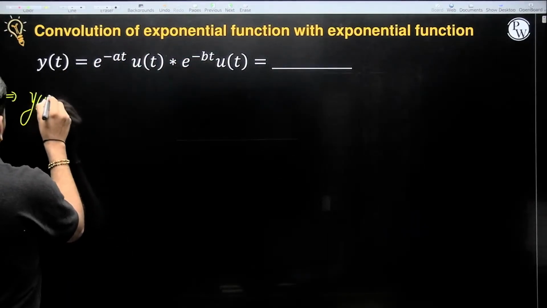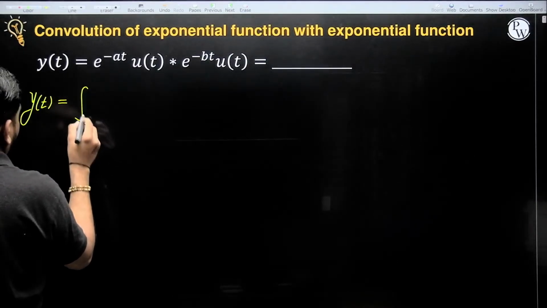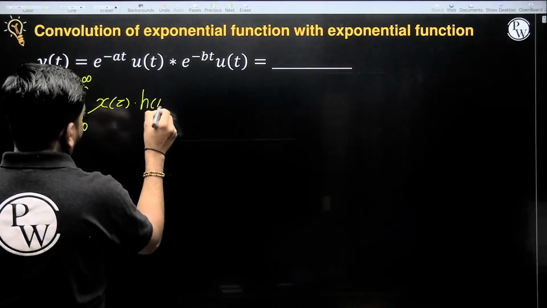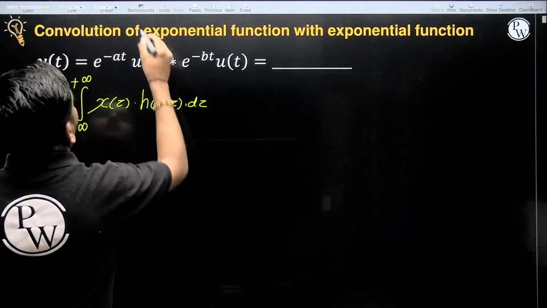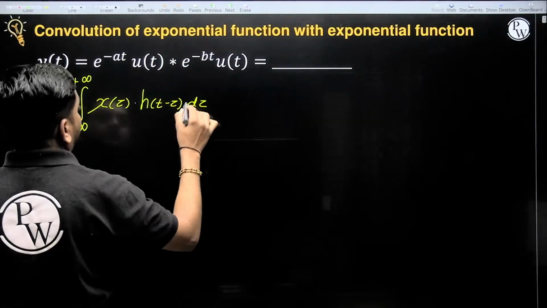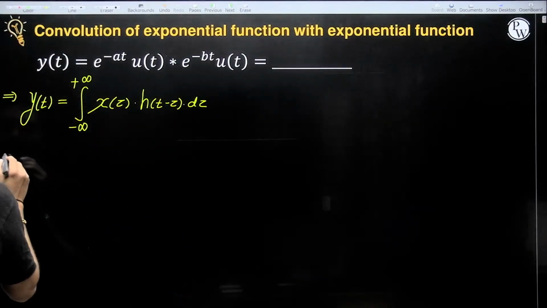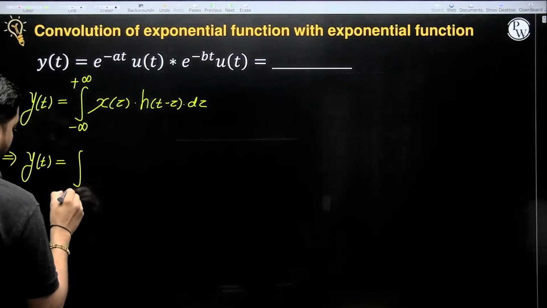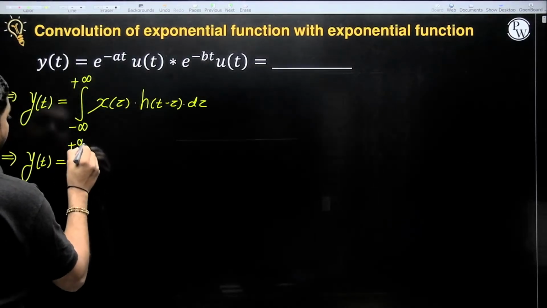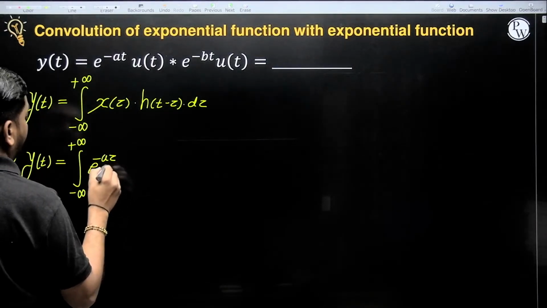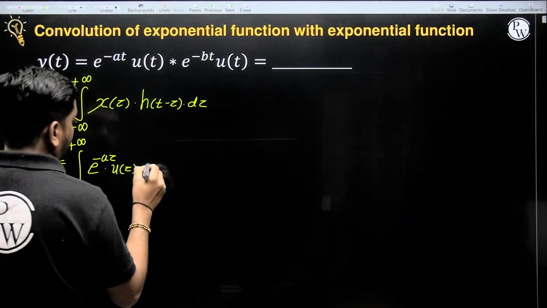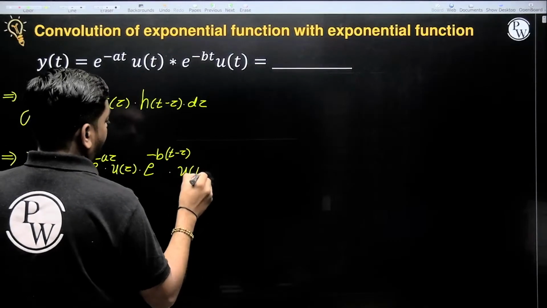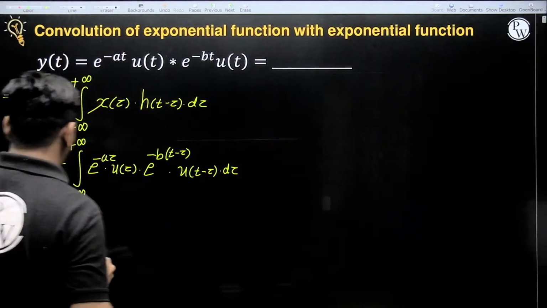So y of t is equal to the integration from minus infinity to plus infinity of x of tau h of t minus tau d tau, so that is the integration of e to the power minus a tau u of tau into e to the power minus b (t minus tau) u of t minus tau d tau.